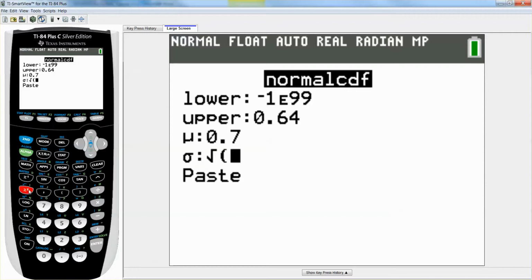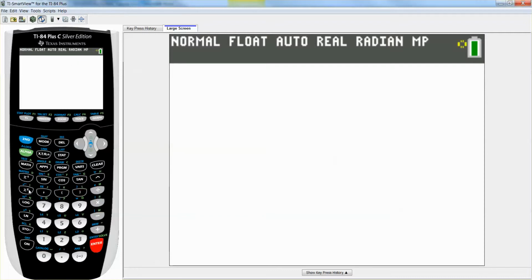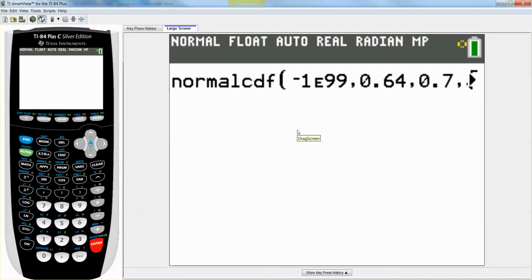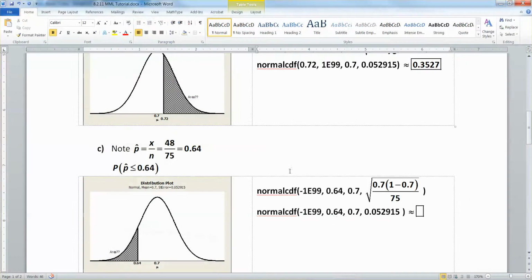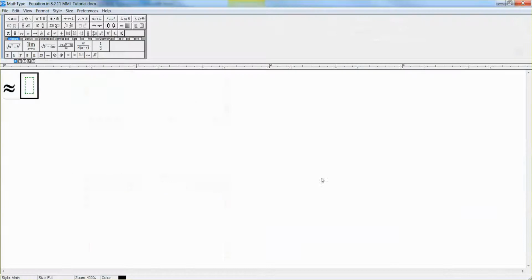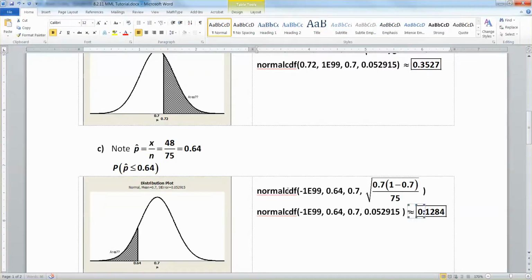I want square root, 0.7 parentheses 1 minus 0.7, close your parentheses, divided by 75. That's one way to type it. Or you could use the 6 decimal places for your sigma p hat, and you get 0.1284. And there you have it.